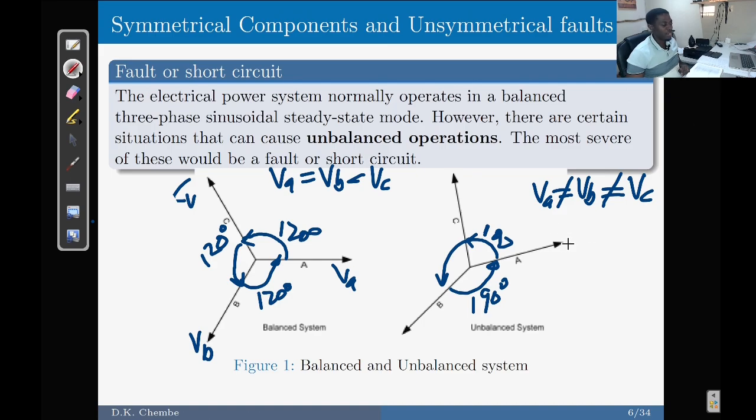And the phase angles equally are not equal between the phases. So theta 1, if we take this as theta 1, theta 2, these angles are not going to be the same. And this is an indicator of an imbalanced system.